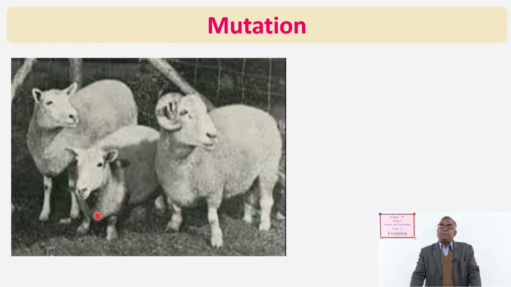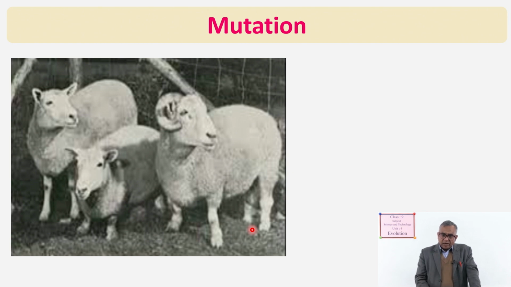But this sheep is very different from the other sheep. It is due to what? Mutation. Shortness or dwarfism can also be caused by hormonal growth problems. But here some other characteristics also show that it is different from the parents, that means the group of sheep.